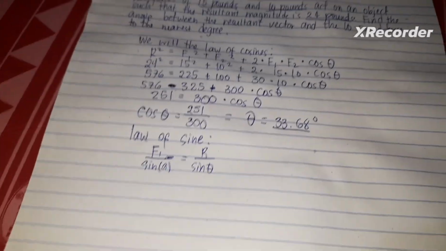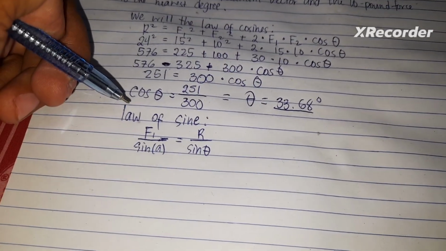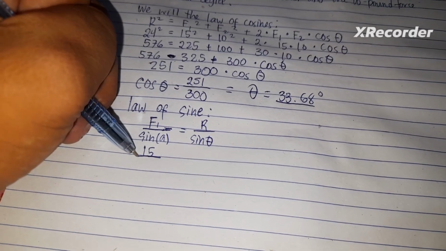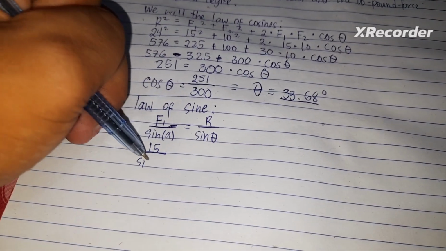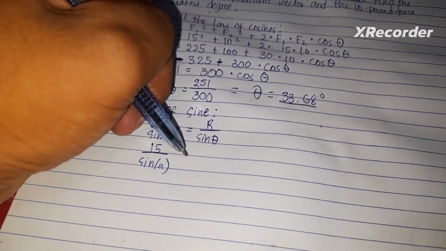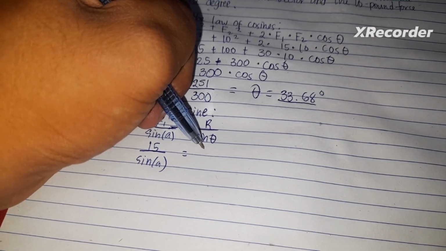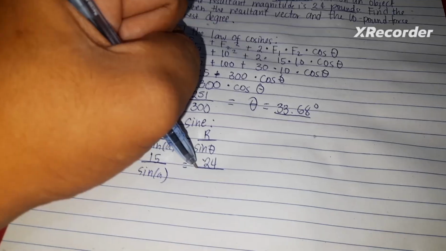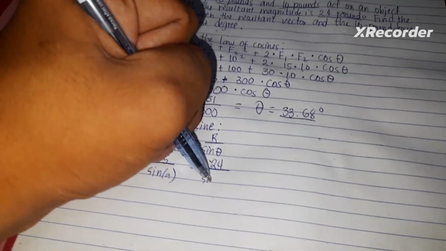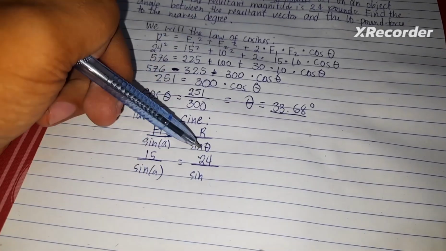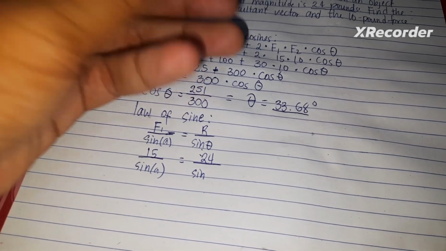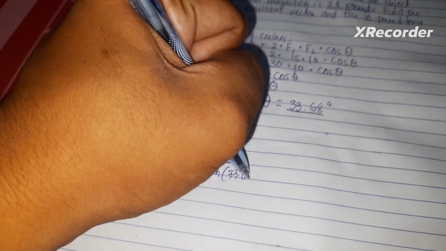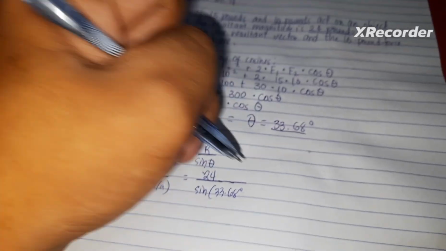Let's substitute the values: F sub 1 is 15 and the resultant magnitude is 24, over sine of theta, where theta is 33.68 degrees.